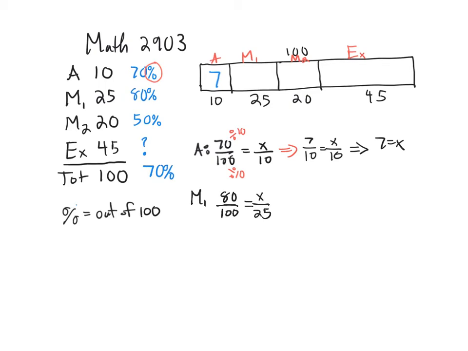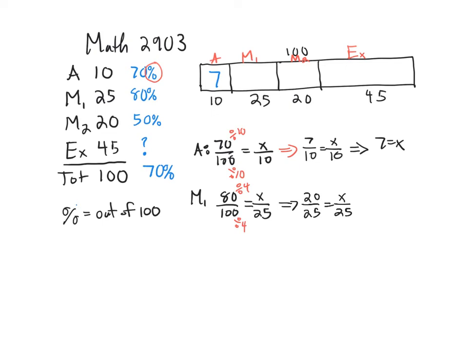Again, you can cross multiply and solve that equation, but I notice I can just divide top and bottom of my first ratio by 4 to come up with the equivalent ratio of 20 over 25. So we get that 20 over 25 equals x over 25. 80 divided by 4 is 20. 100 divided by 4 is 25.